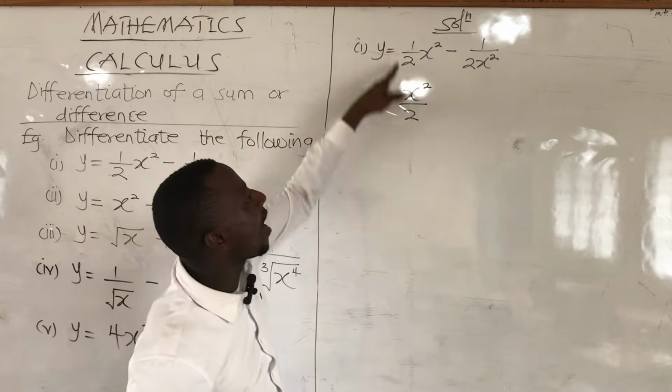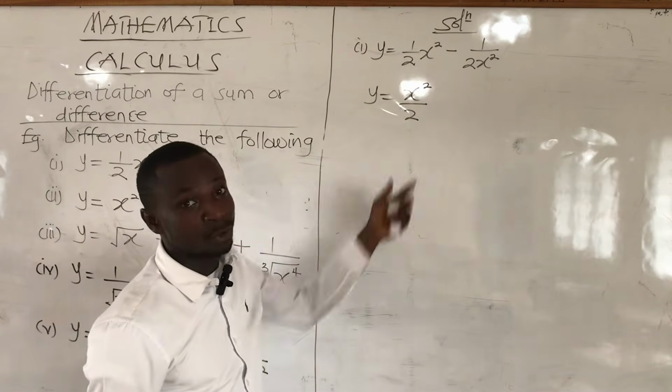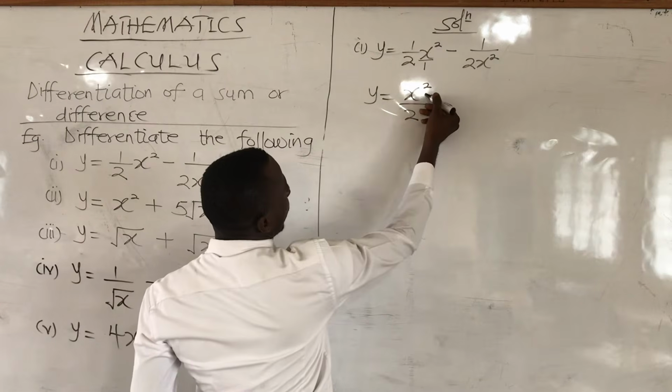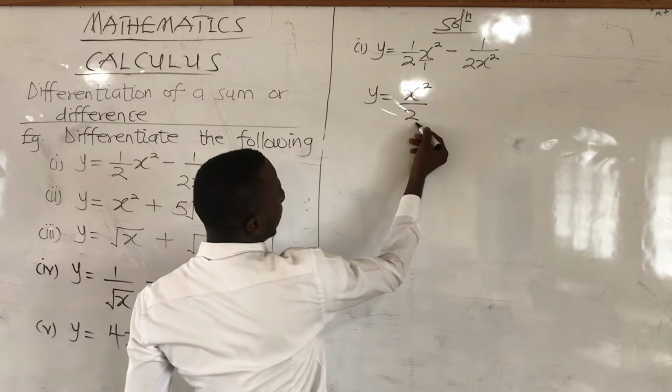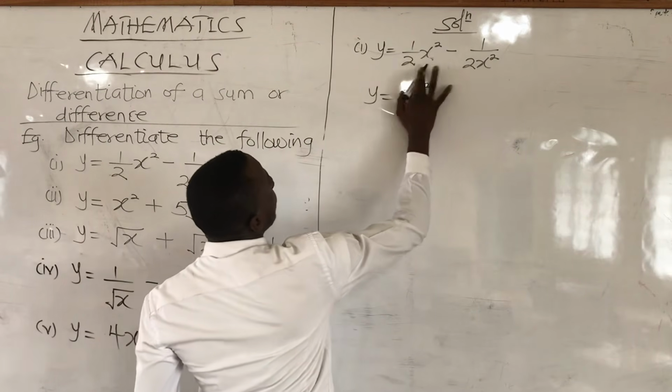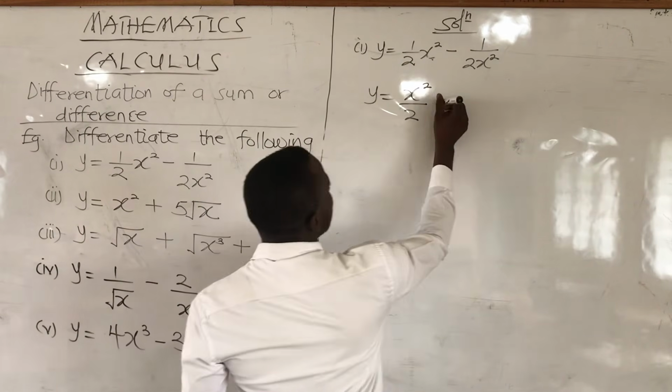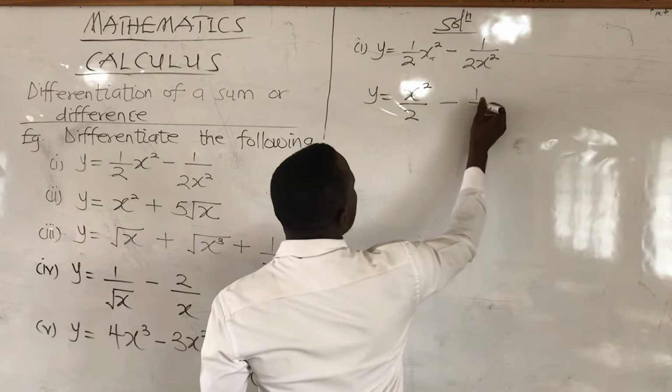We all know that half x squared is the same as x squared over 2. Why? Because the x squared here is over 1. So 1 times x squared, we have x squared. 2 times 1, we have 2. So this is the same as x squared over 2 minus 1 over 2.